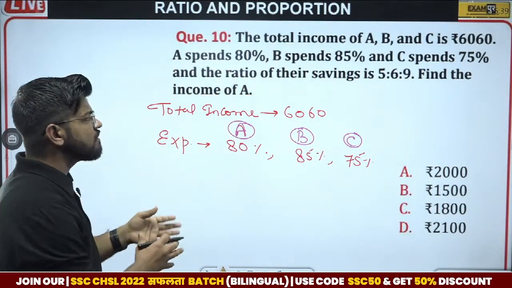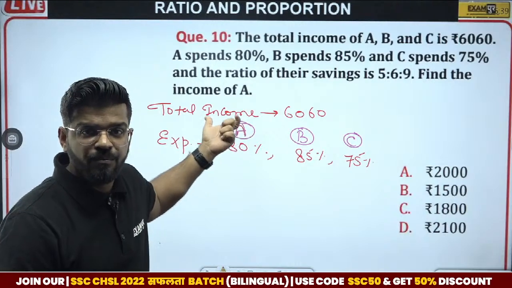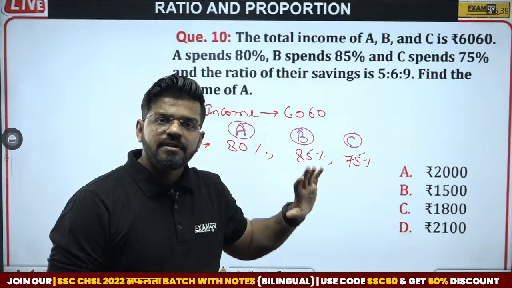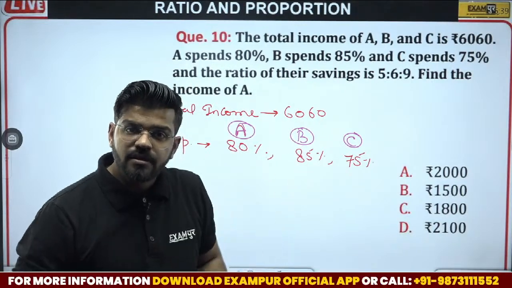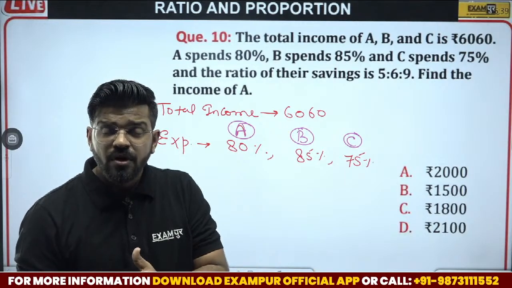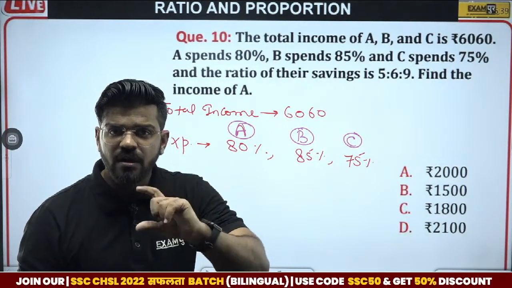Now we have to calculate the ratio of income. Why? Because we have the total of income. Whatever the total is given, we have to calculate the ratio for that, so that we can directly compare the total with the ratio and find out the individual values.